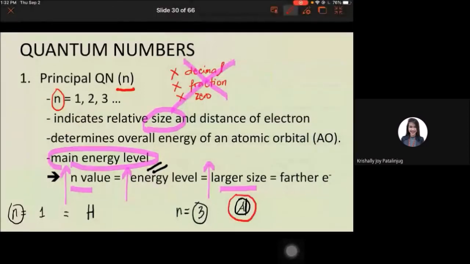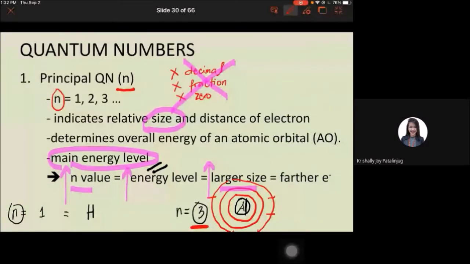And on the third level nandoon yung outermost electrons ng aluminum. Siyempre, may core electrons siya, inner electrons, but I'm talking about the outermost electron. So nasa highest level ng aluminum. That is the main energy level niya. Highest energy level niya is the 3.